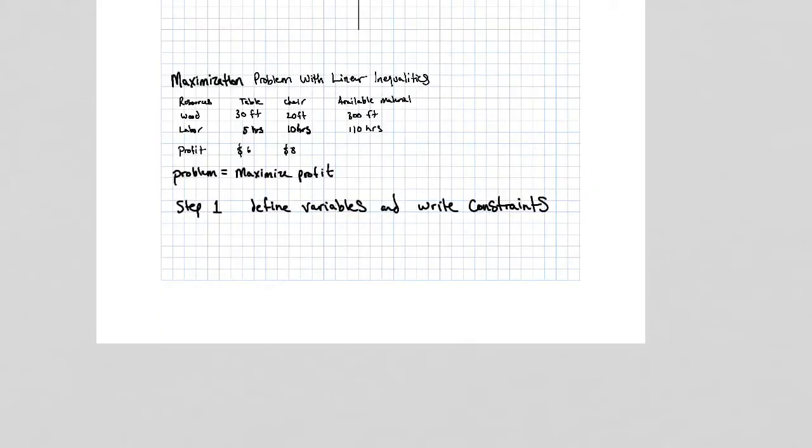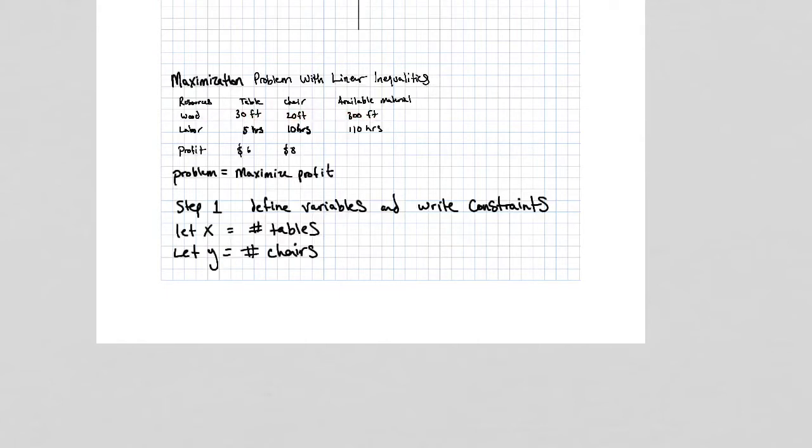Our first step is we want to define the variables and then write out the constraints. So we'll say let x equal the number of tables and let y equal the number of chairs. Then to write out our constraints, we simply go along one line here.